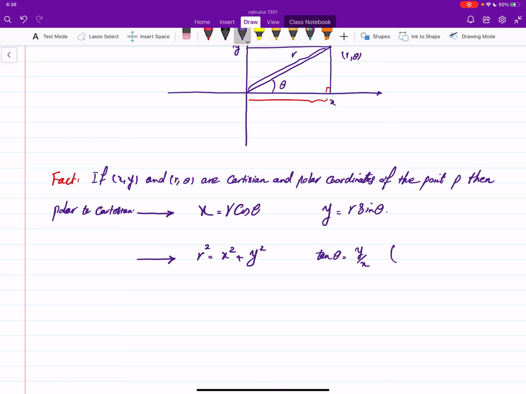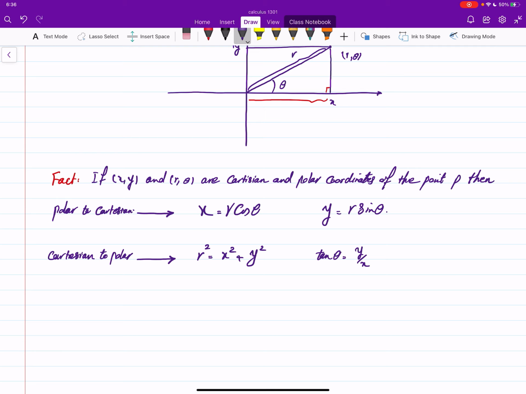In other words, if you find tan inverse of y over x, you get theta. Not really, because tan inverse only covers between negative pi over 2 and pi over 2, but theta can be anything. So this is not quite all the steps for going from Cartesian to polar.